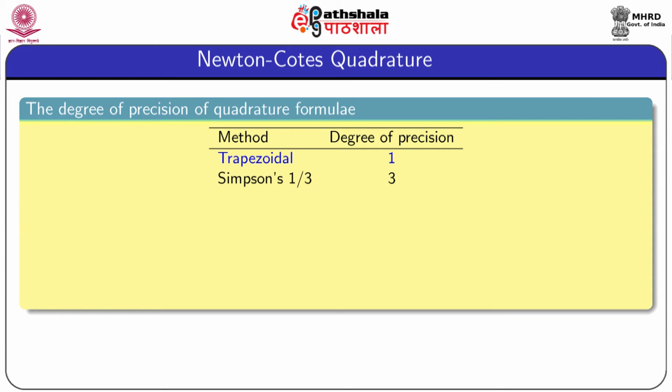The degree of precision of the Simpson 1/3 formula is 3, that means the Simpson 1/3 formula gives an exact result if the polynomial is of degree 3 or less than 3.